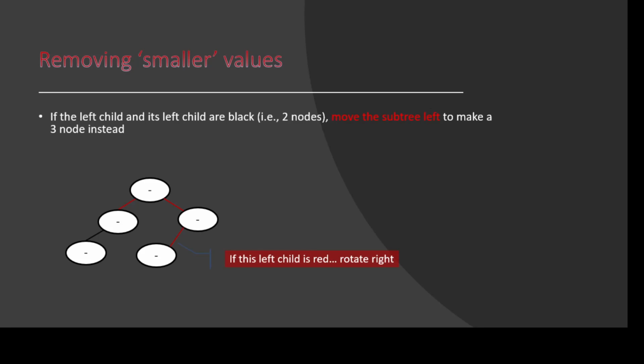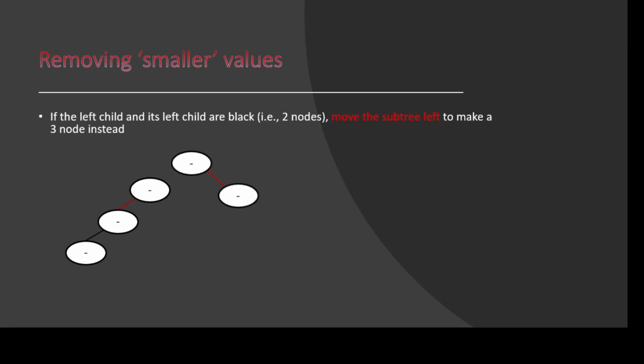But if the right child's left child's red, as we see here, then we're going to go ahead and rotate that right. So then at that point, we're going to take the whole structure from the top and rotate left with that again. So we went to the subtree on the right, rotated right, then we rotate the top structure left. Now notice we are essentially adding one node to the left.